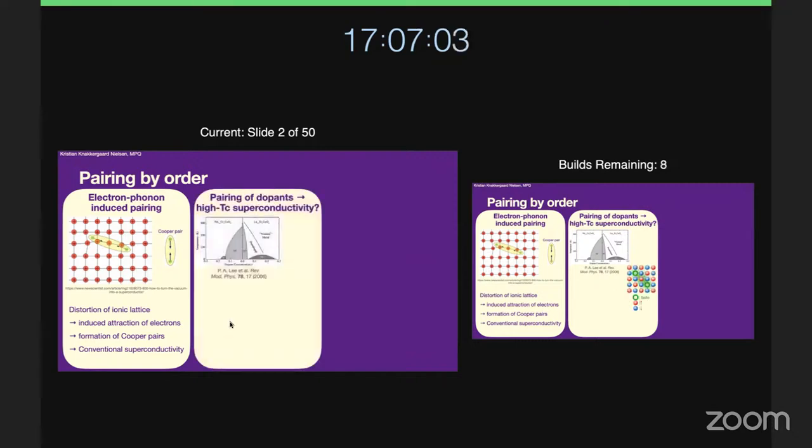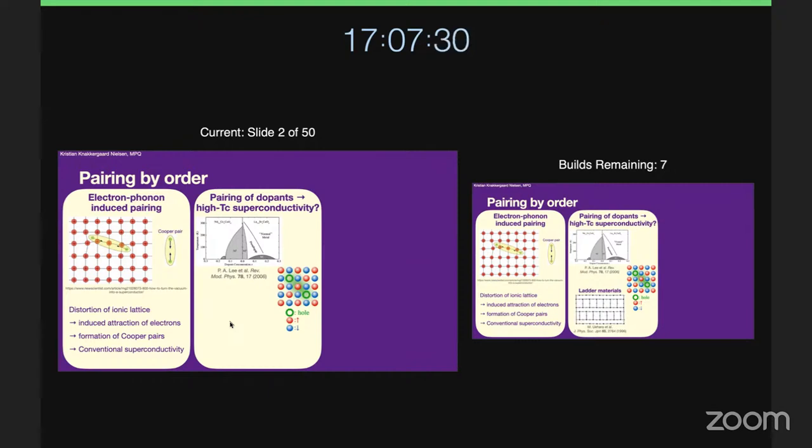In the context of doped magnets, the pairing of dopants in these kinds of systems has been proposed as a mechanism behind high-Tc superconductivity. Here I'm showing a phase diagram for a specific cuprate oxide superconductor, with the typical superconducting domes.